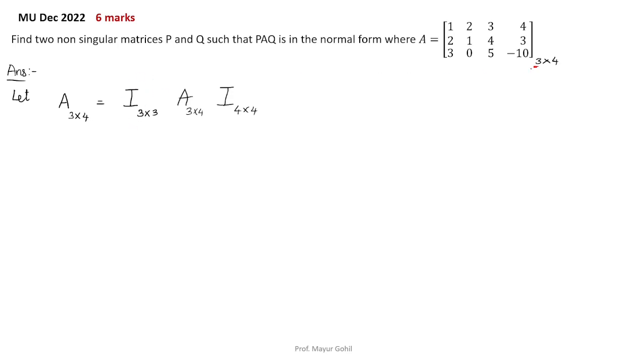Next, the number of columns in the matrix decides the order of the identity matrix on the right side.